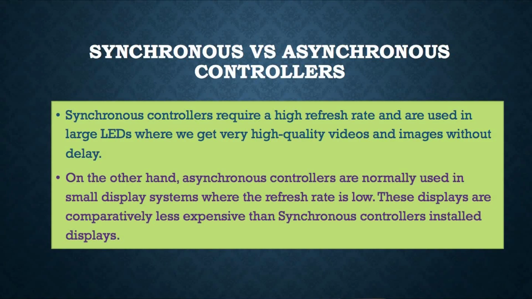Synchronous controllers require a high refresh rate and are used in large LEDs where we get very high quality video and image without delay. On the other hand, asynchronous controllers are normally used in small display systems where the refresh rate is generally low.